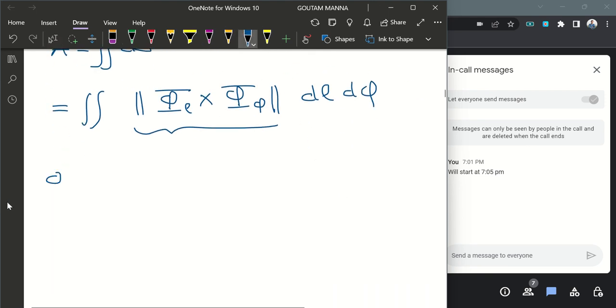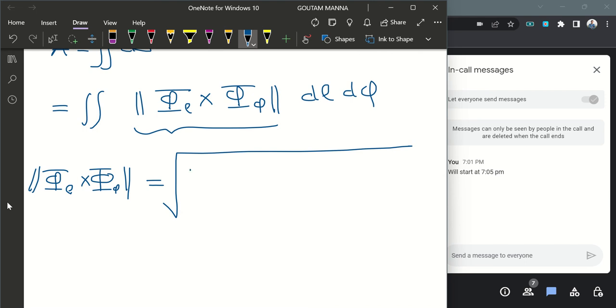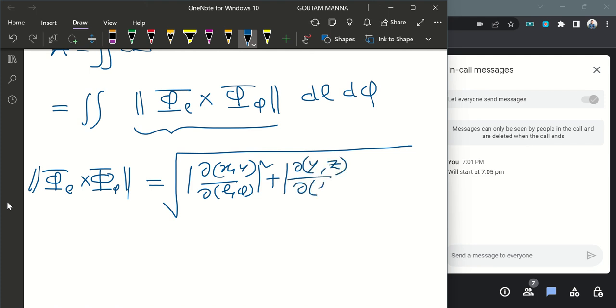This quantity is given by root under mod of del of x y over del of rho phi square plus del of y z over del of rho phi square plus del of z x over del of rho phi mod square.